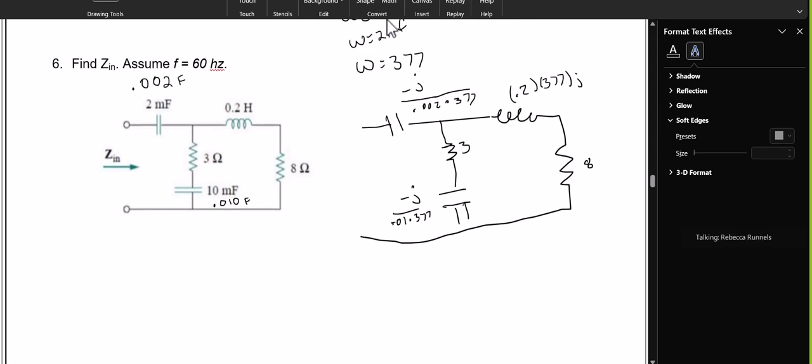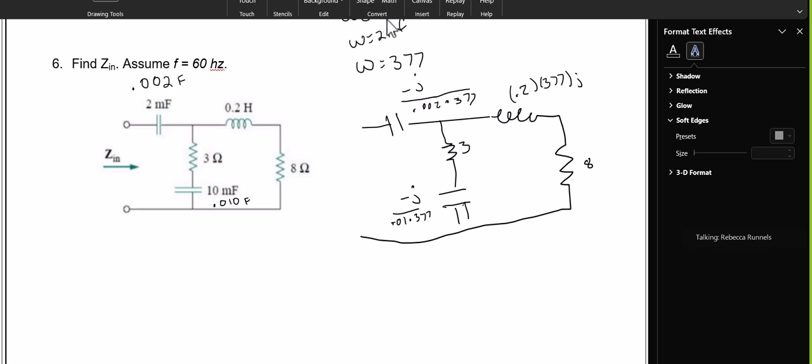And then is Z just the total impedance? Yes, just the total impedance. Oh, I don't have the answer for this one. Good. That way I don't have to worry about if I make a mistake because I'll never know. So this would be 0.002 times 377.